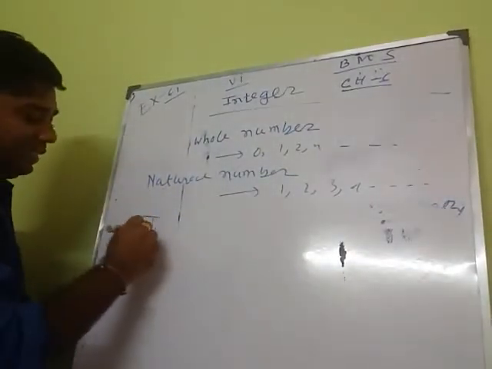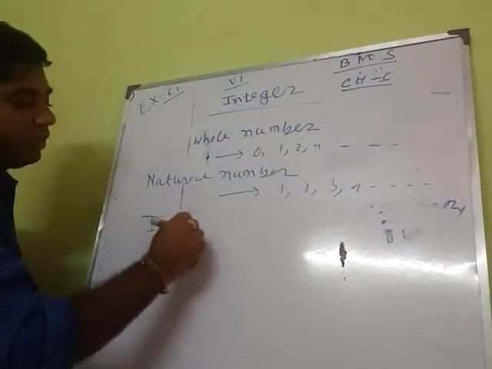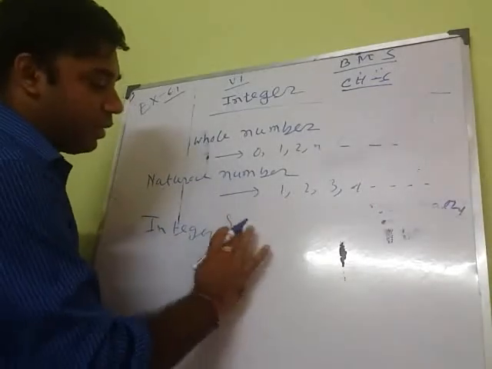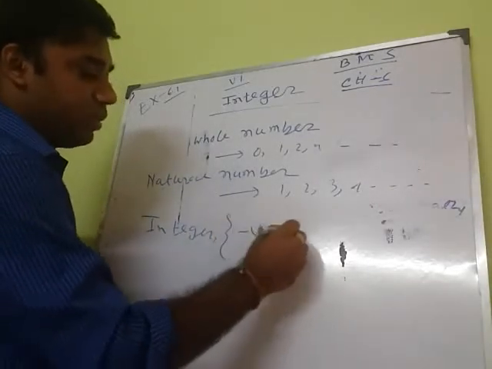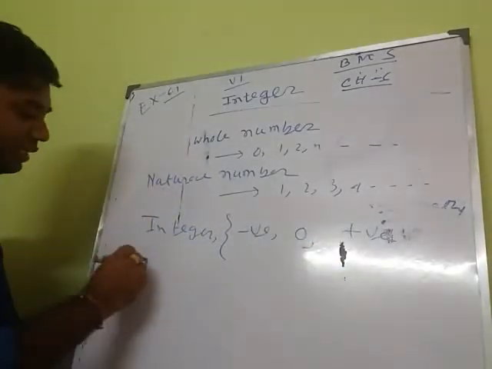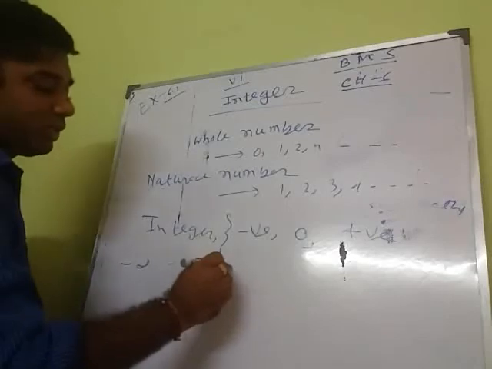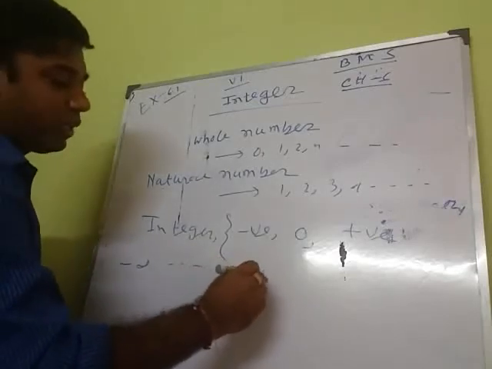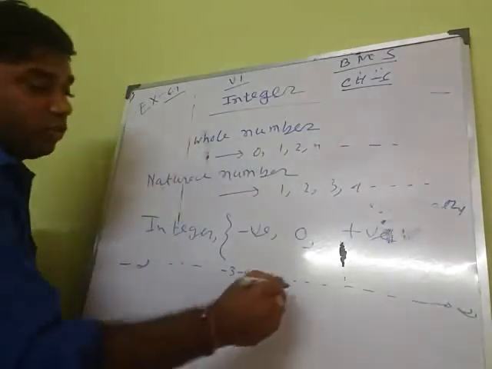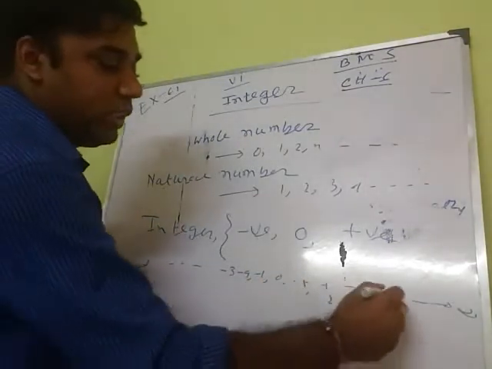Next, what is an integer? Integers include negative numbers, 0 and positive numbers. It means from minus infinity, dot dot dot, minus 4, minus 3, minus 1, 0, up to positive infinity, that is 1, 2, 3, 4.